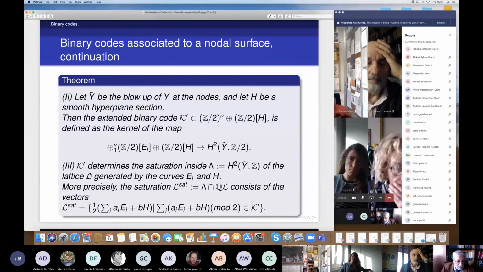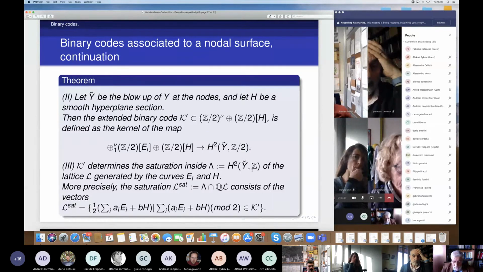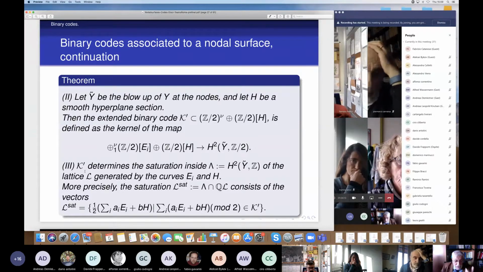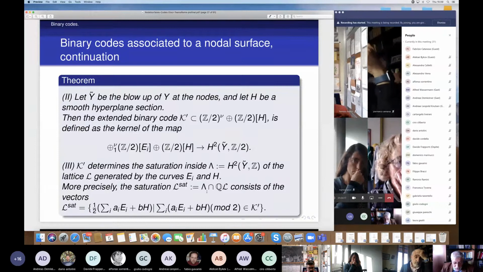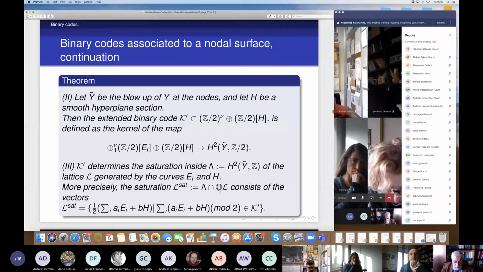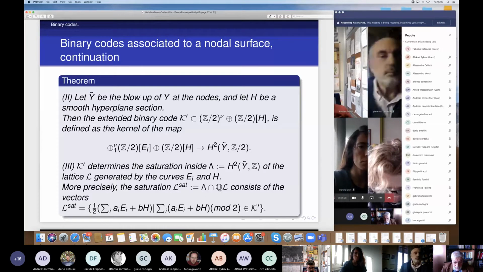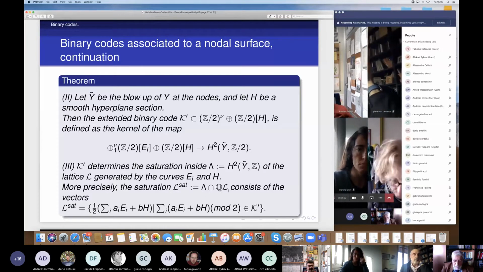The important thing is that K prime determines the saturation. You now take the cohomology of Y tilde with coefficients in Z, and there you take the lattice generated by the classes of the curves E_i and H. So the saturation consists of the elements in lambda such that a multiple is in L, that is, lambda intersected with QL: the elements in lambda which are rational multiples of that.